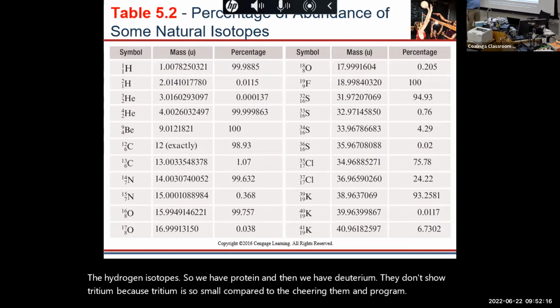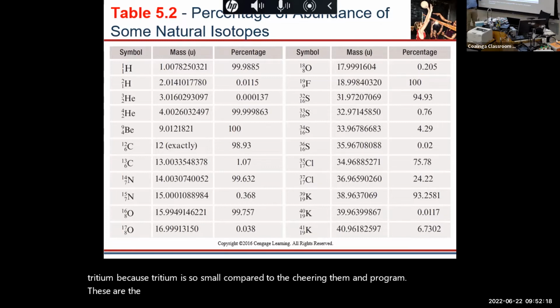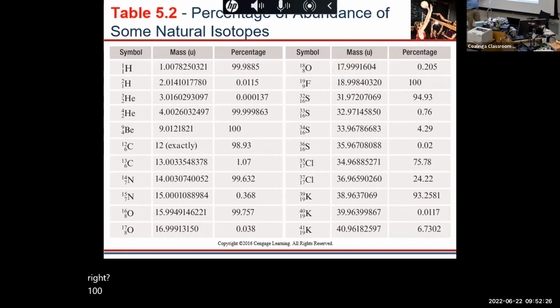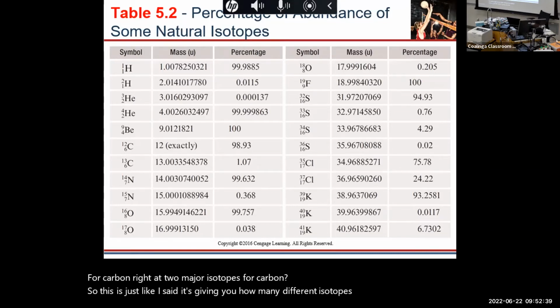These are the isotopes for helium. That's mainly the isotope for beryllium, right? 100%, right? And then these are your isotopes for carbon, the two major isotopes for carbon, okay? So like I said, it's giving you how many different isotopes they have and the abundance.